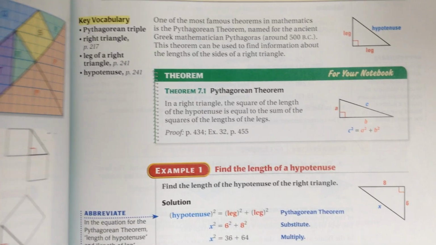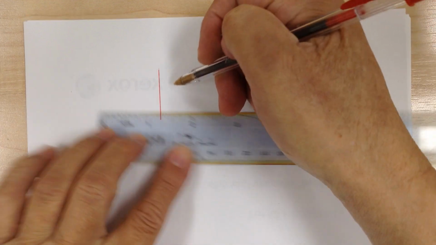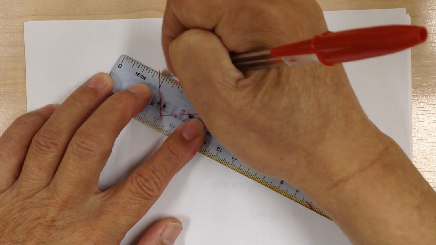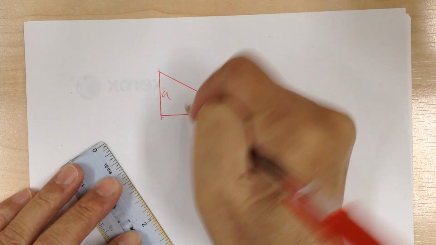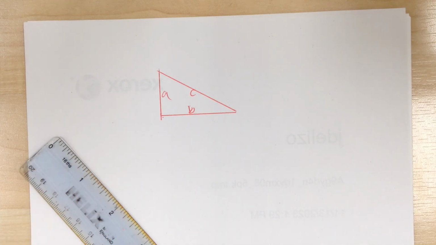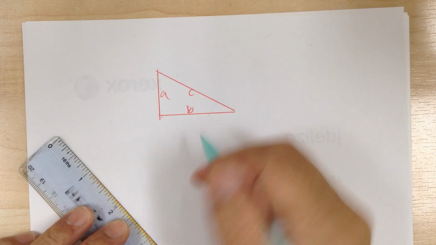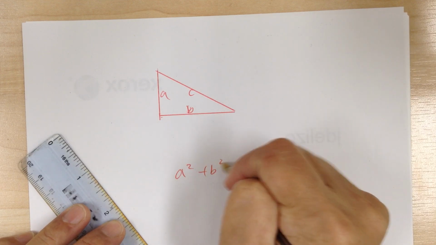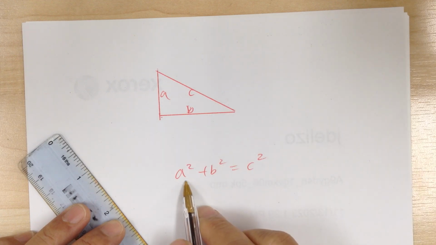Okay, so if you notice, when you have a right triangle, you have the Pythagorean theorem: a squared plus b squared equals c squared. Again, what's a squared?